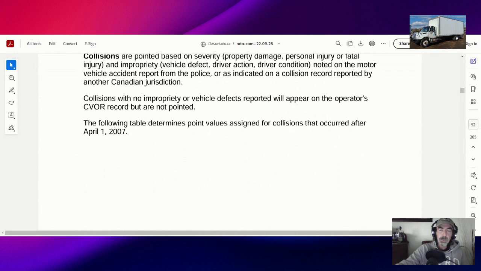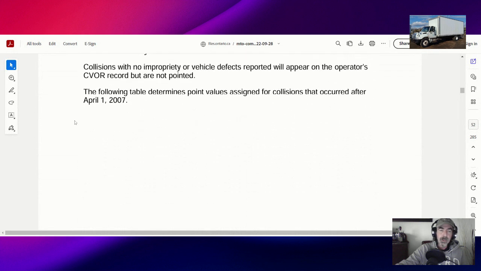Collisions with no impropriety or vehicle defects reported will appear on the operator's CVOR record but are not pointed. The following table determines point values assigned for collisions that occurred after April 1st, 2007.